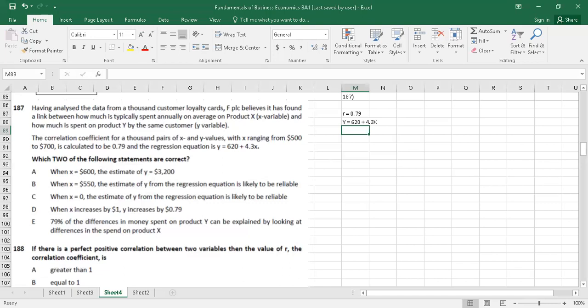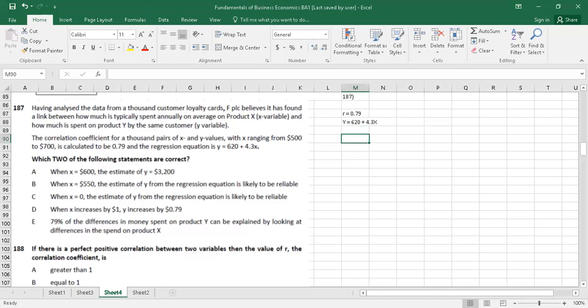Now in this situation, this is all the information we have. So for the options that are given, if x is equal to 600, what is the value of y? We do not know, so what we have to do is test out each one of them.